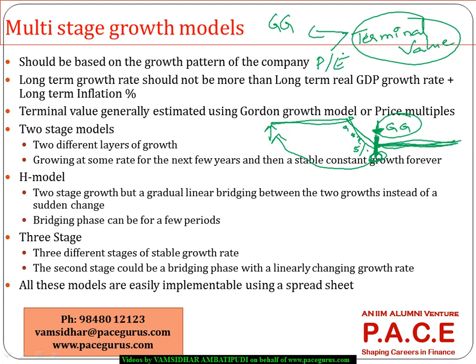We'll come back to that. But a multi-stage model is an extension of the Gordon growth model itself, except that in the initial few years the growth rates are different. They are not constant as assumed by the Gordon growth model. They are different at different points in time. Only after a certain point in time is the growth assumed to be constant.